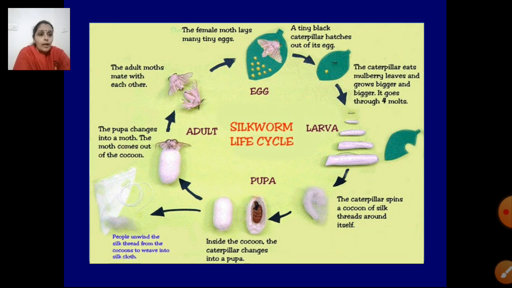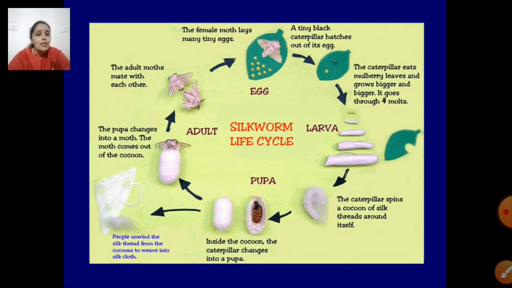The same way, these caterpillars make a cocoon around themselves to cover themselves. This cocoon is made out of the saliva that comes from their mouth. Now they rest inside the cocoon, they turn into a pupa, and after some days, this pupa develops into an adult moth once again, comes out of the cocoon, and flies off.